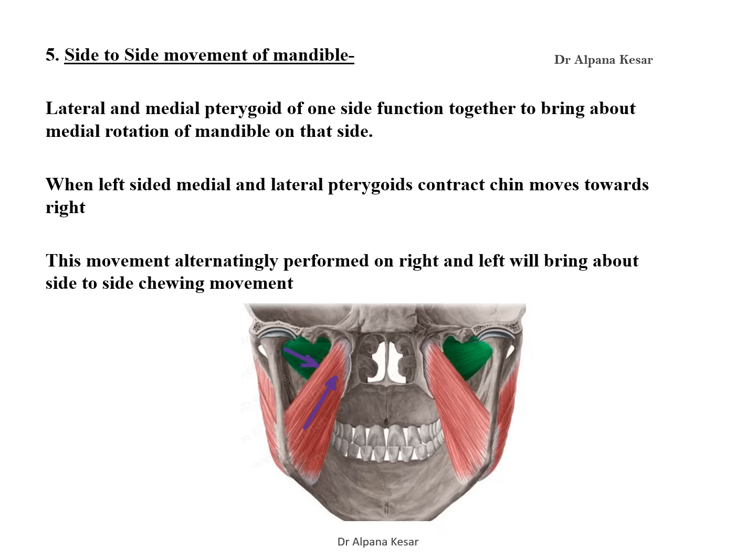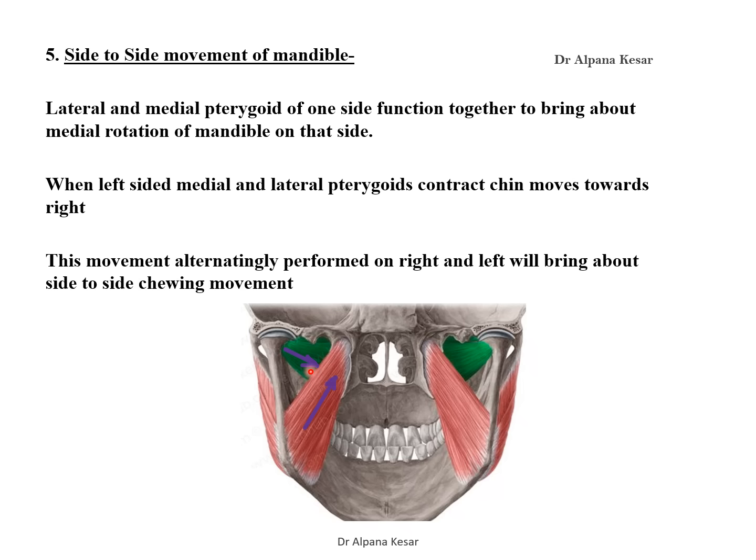Side-to-side movement of the mandible or chewing movements of the mandible. The side-to-side movement of the mandible is brought about by the lateral pterygoid muscles and medial pterygoid muscles when they act together.